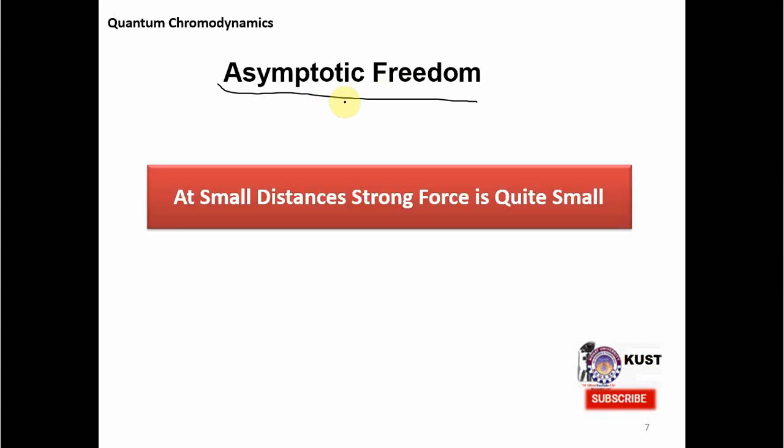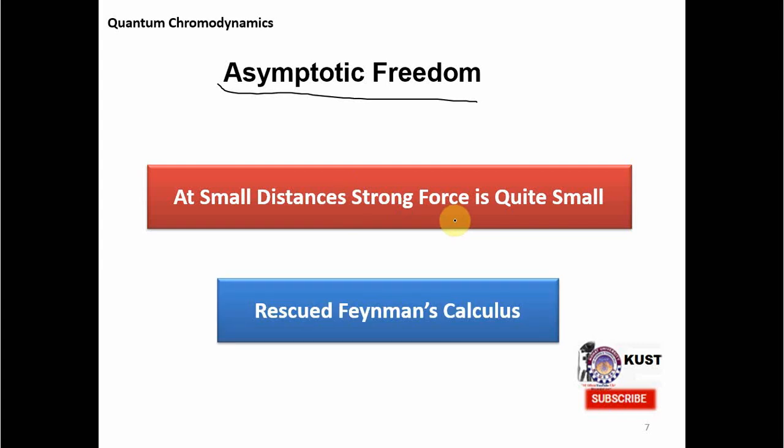So, in order to understand the asymptotic freedom idea: at small distances, the strong force is quite small, as I have already mentioned. The idea is that the coupling constant is a running coupling constant, and when distances are small, the nature of the force changes, and at very small distances the strong nuclear force actually becomes weak. And this makes the Feynman calculus method usable for the strong nuclear force.